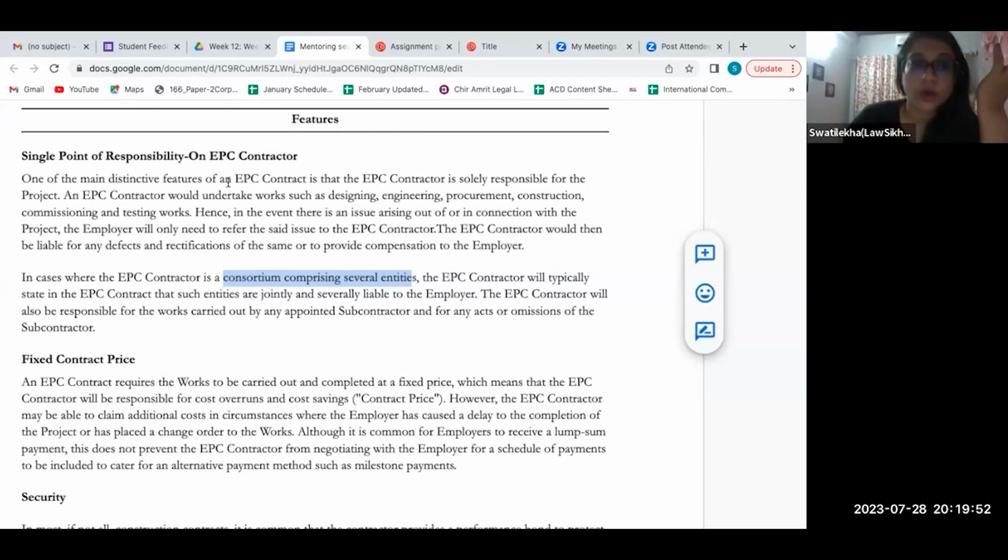So both in cases of consortium or a single contractor, everything related to the project, the sole responsibility will be on the contractor or contractors as the case may be. Okay, got it?